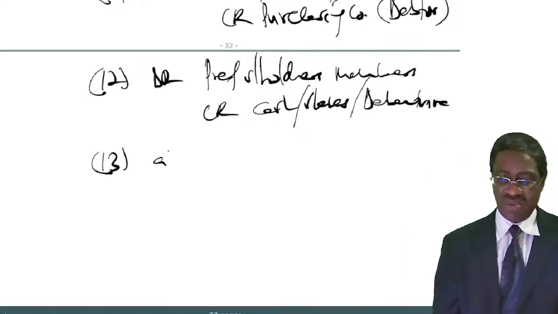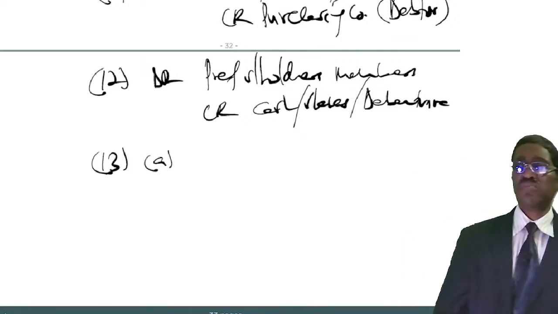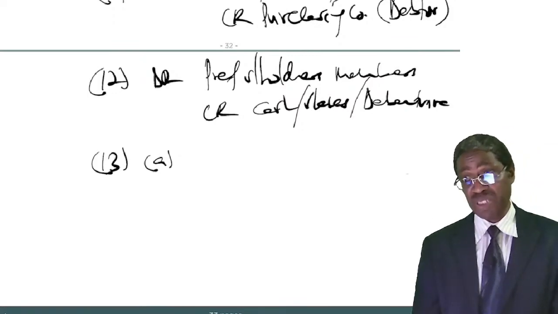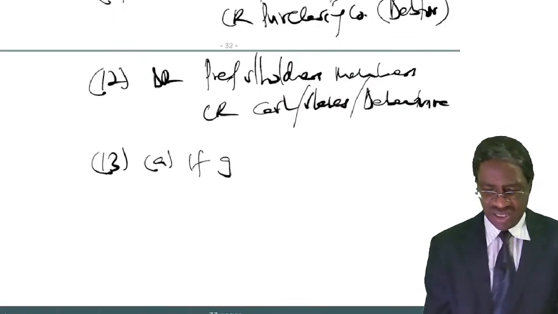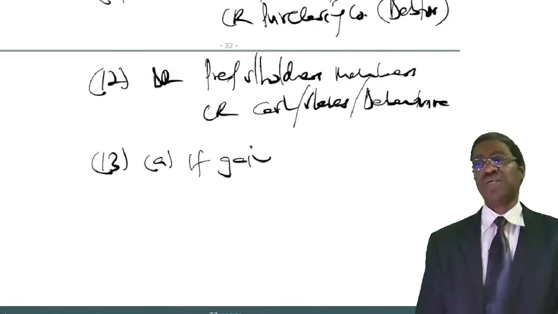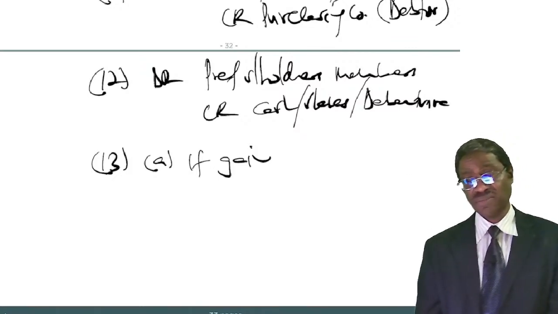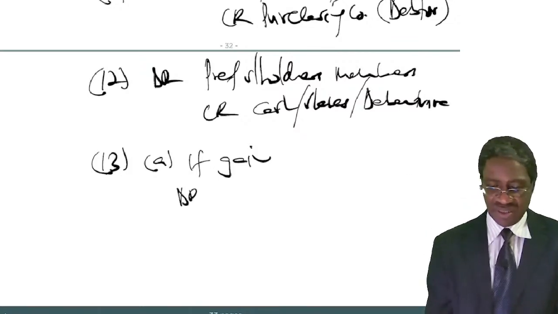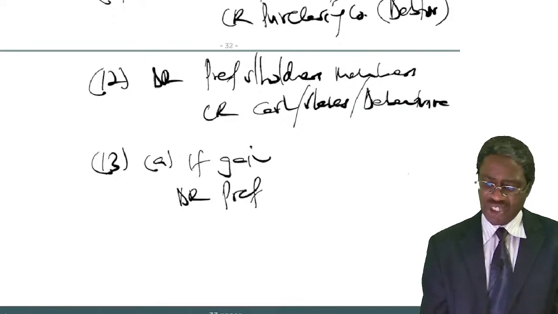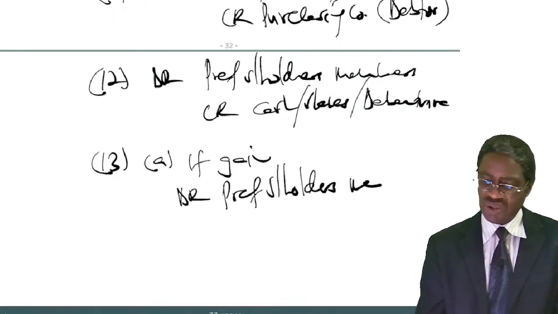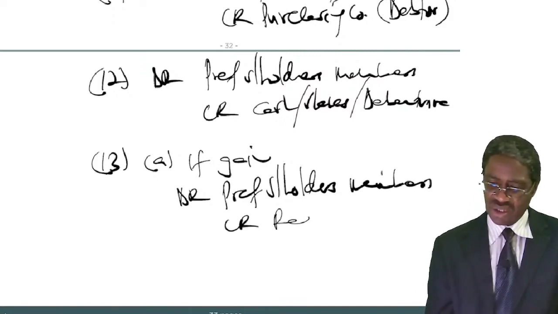Then you say number A, if gain: debit preference shareholders members, credit realization.